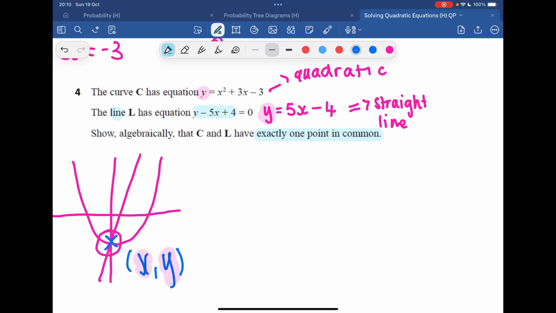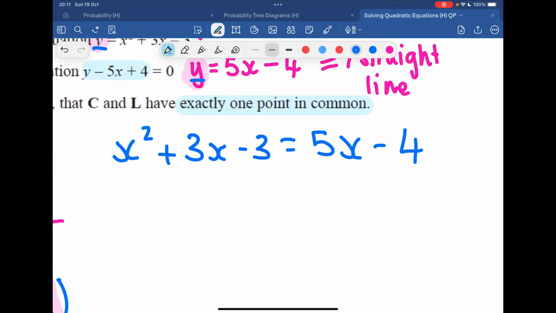So we can set these two functions as being equal. We're going to say x squared plus 3x minus 3 is equal to y, which is equal to 5x minus 4. Again, because they have this shared y coordinate, at this point both of the values of these equations have to be equal. So now we can simplify this.